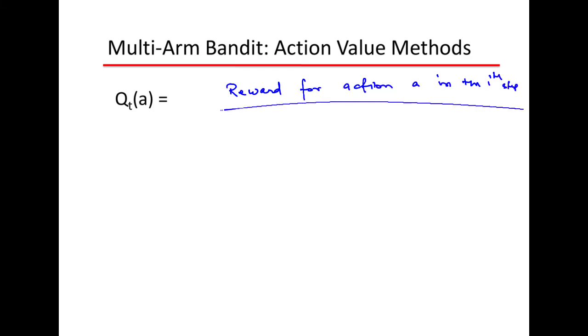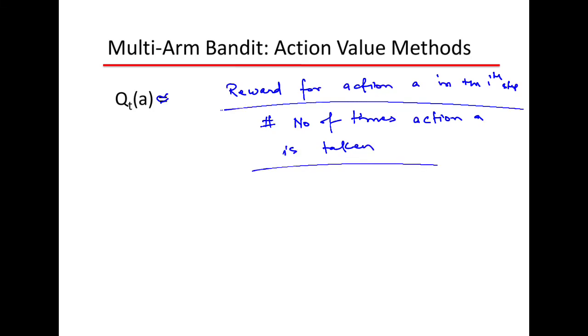So again, your Q_t(a) would be the reward for action a, right? And in the ith step, if you take action a, then you get a reward, and since it's a stochastic reward, we can actually approximate it with this, divided by the total number of times action a is taken.